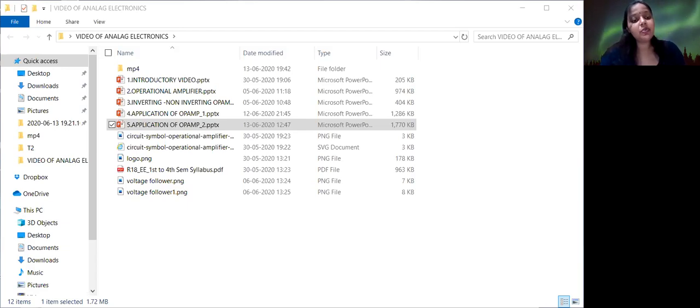Since the positive input voltage is given in the positive terminal, ultimately the output will be positive and V output will be plus VCC. And when input voltage is less than V reference, output will be negative and V output will be minus VCC. That is also shown here in the graph. When V in is greater than V reference, V output is plus VCC, and when V in is less than V reference, the output voltage is minus VCC.